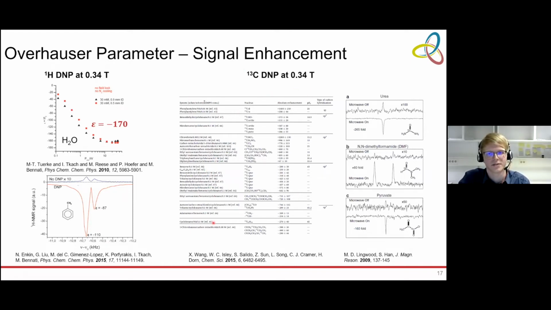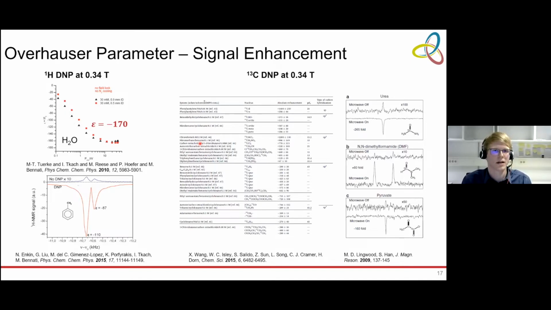There is a huge table by the Dawn group, who used a flow setup to determine all the enhancements and measure the signals, and throughout the years they collected a lot of data. Also, the group of Songi Han in Santa Barbara measured some results on 13C nuclei, which are depicted here. They also measured 1H, but I chose the 13C here.